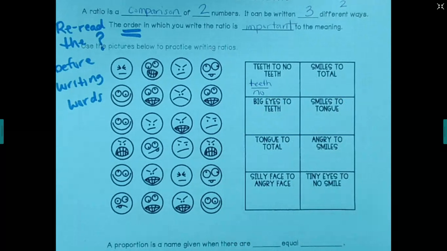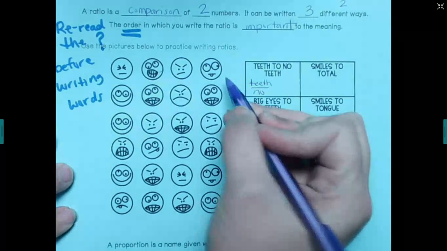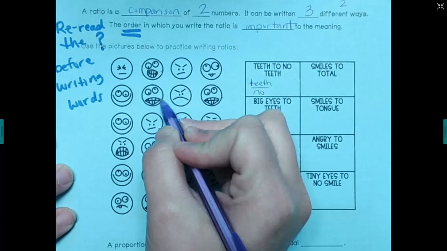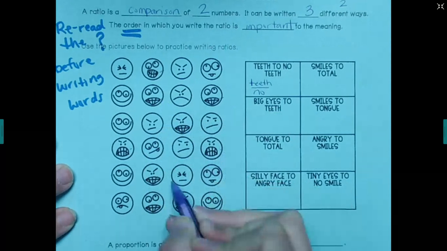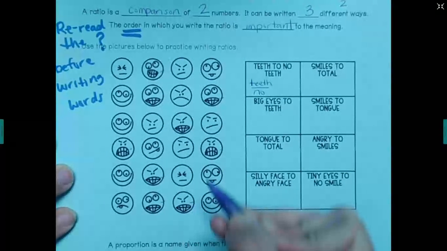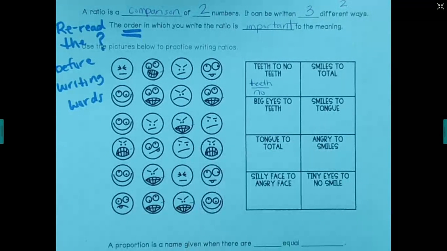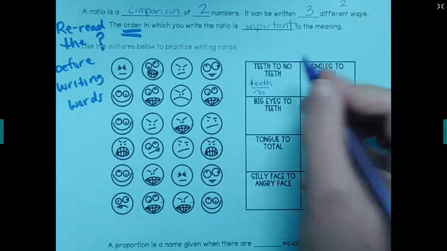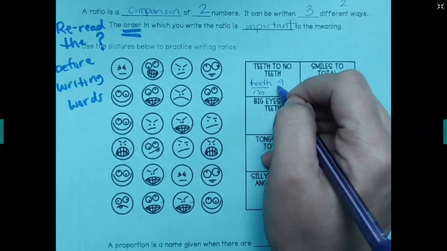Then we quickly count these emojis and see how many have teeth. 1, 2, 3, 4, 5, 6, 7, 8, 9. I counted 9, so 9 with teeth.